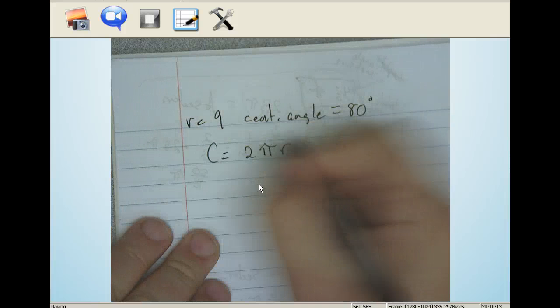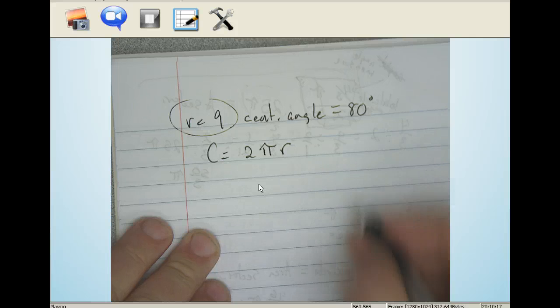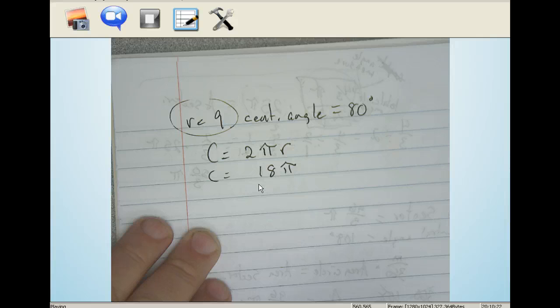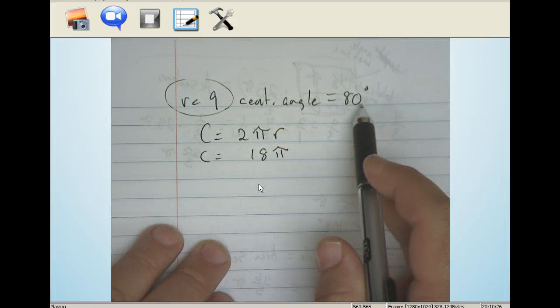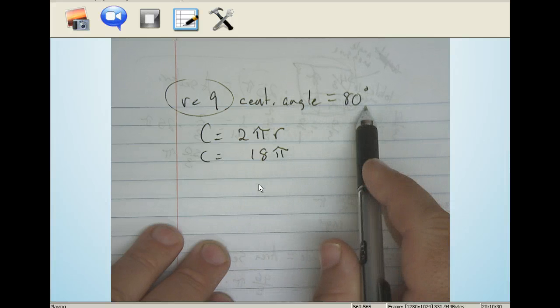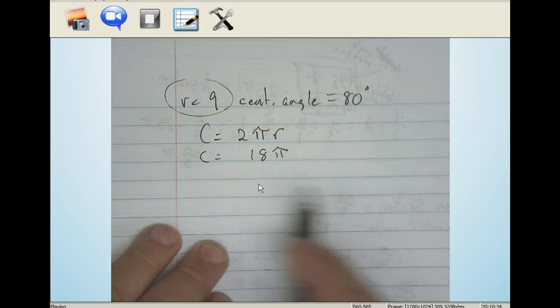So the circumference of a circle with a radius of 9 is 18 pi. But they want us to figure out exactly how long the arc is, and the arc measurement is 80 degrees. So what is the length of that arc?